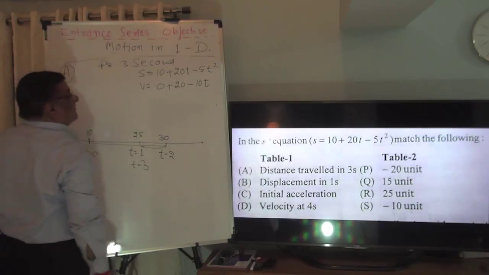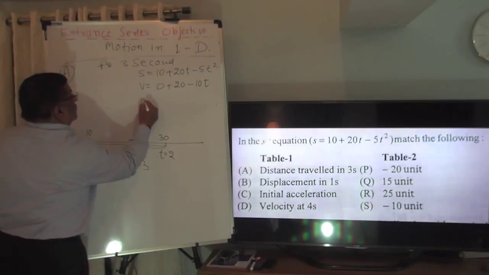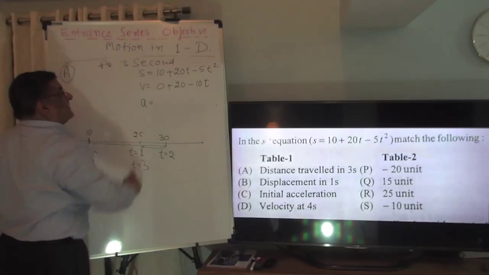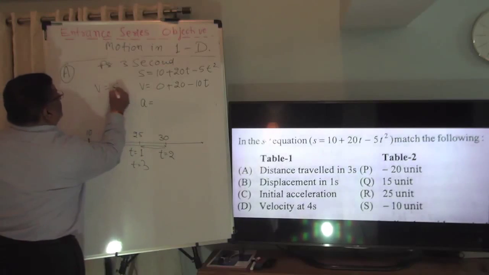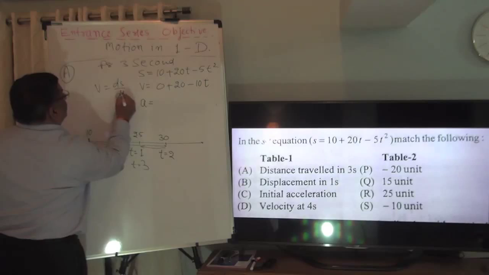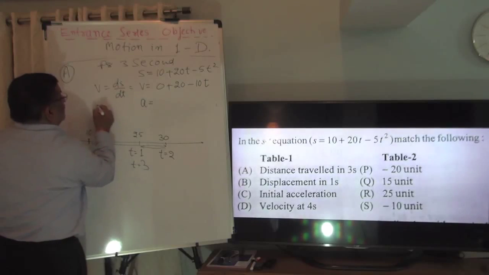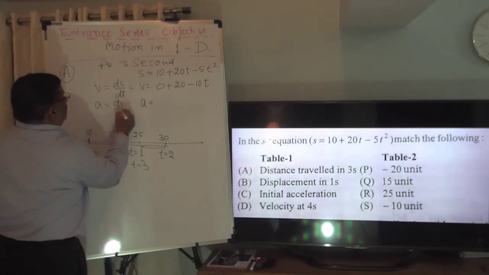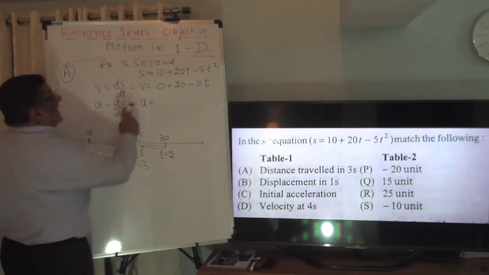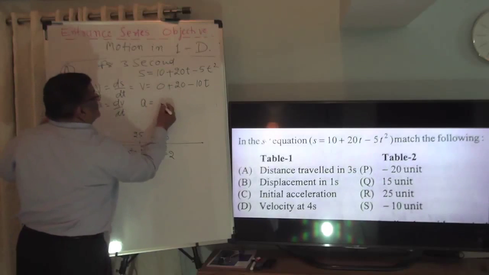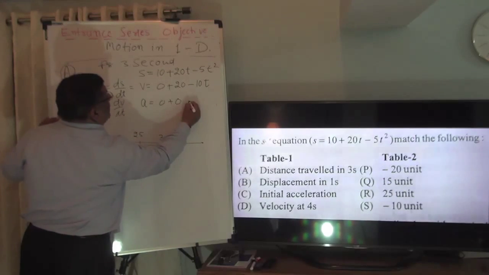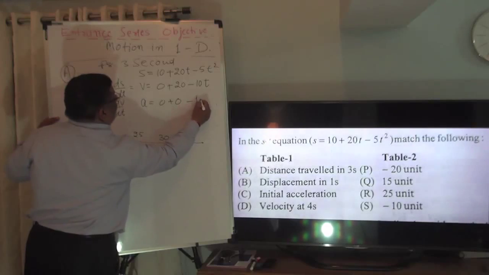This is our formula for velocity, and what will be formula for acceleration? Again differentiate. V is equal to ds by dt, and acceleration is equal to dv by dt. So acceleration is equal to, this has become 0 and this is minus 10.